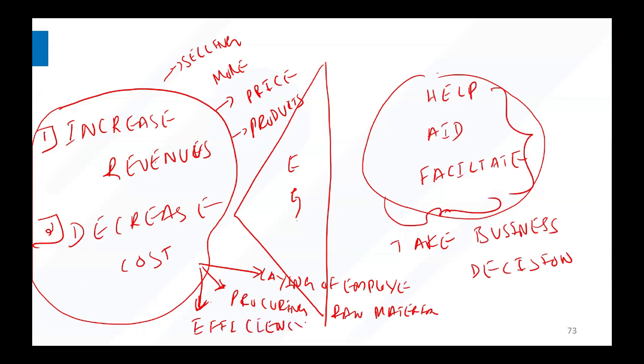Are you guys with me? Yes, sir. Okay. So this is how you decrease the cost and this is how you increase it. I'm just taking a few examples here.